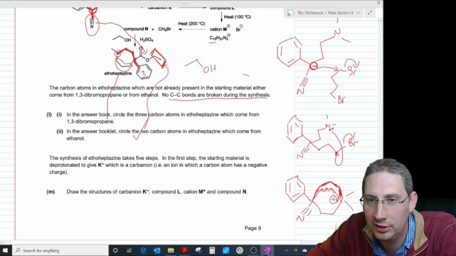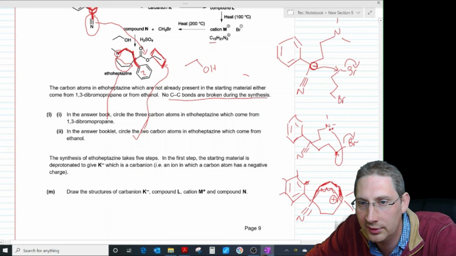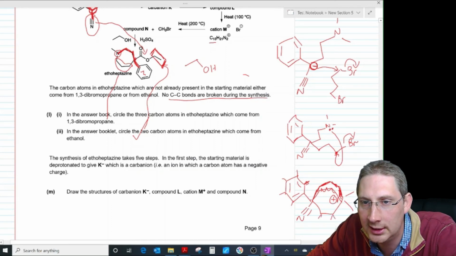In terms of hydrogens, it would have 1, 2, 3, 4, 5, nothing there, nothing there, nothing there, 6, 7, 8, 9, 10, 11, 12, 13, 14, 15, 16, 17, 18, 19, 20, 21.